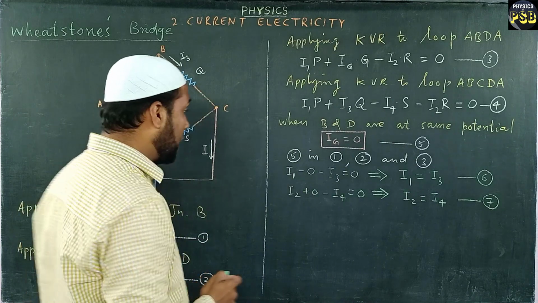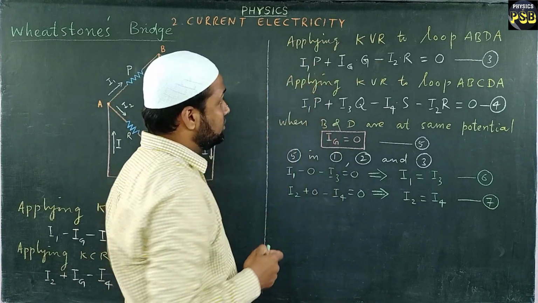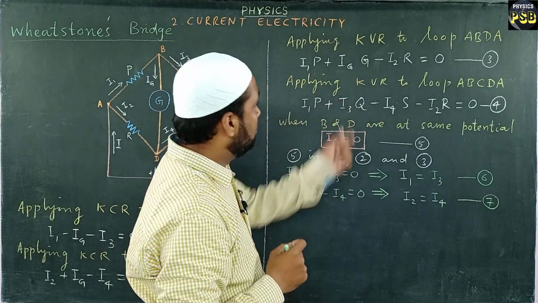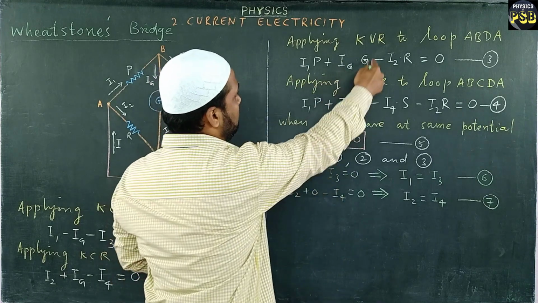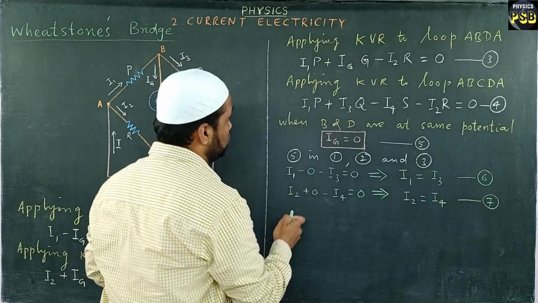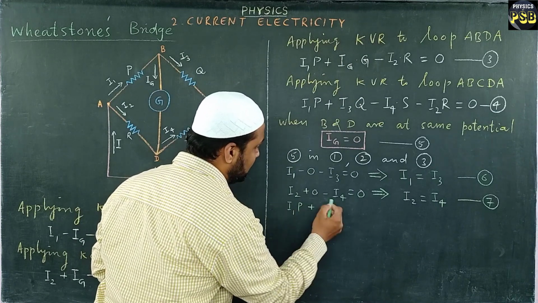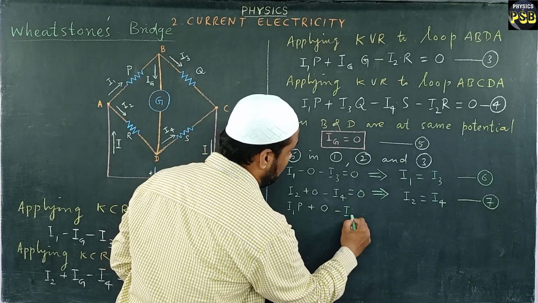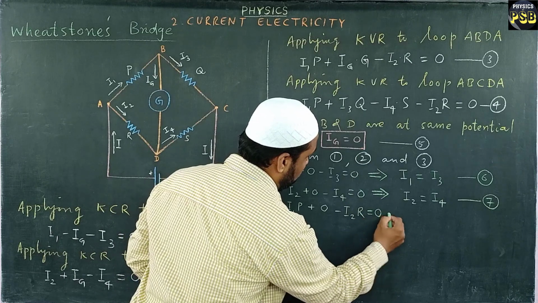Then I will substitute equation number 5 in 3. Here the same thing happened. This term becomes 0 because Ig is 0. When it is multiplied with G, the whole term becomes 0. So what I get? I1 P plus 0 minus I2 R equals 0.